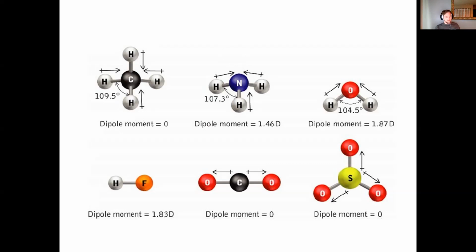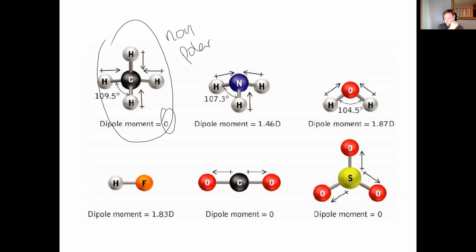Because methane is perfectly symmetrical, all the hydrocarbon bonds are equally positioned away from each other. This has a dipole moment of 0, which is considered non-polar. So we use this word non-polar to talk about symmetrical molecules where everything is equally distributed.